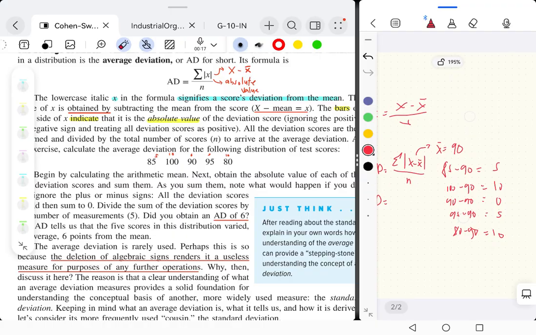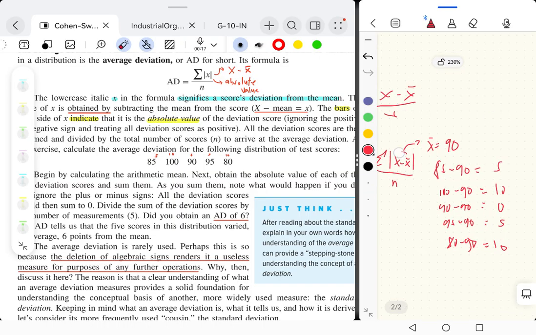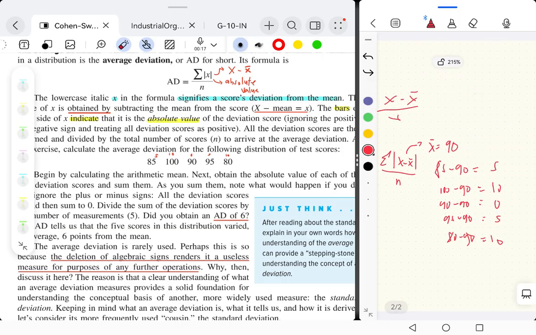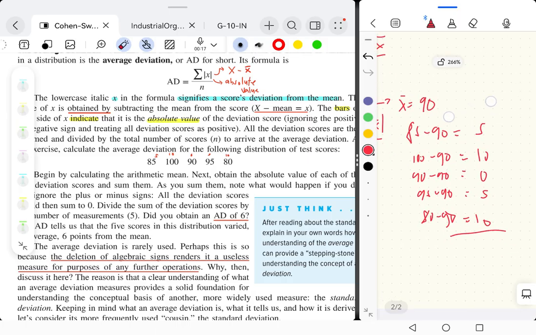Next, once we already solve this part, we now sum it. So let's do it, shall we? 10 plus 5 plus 10 plus 5, hold on, let me get my calculator. It's equal to 30.